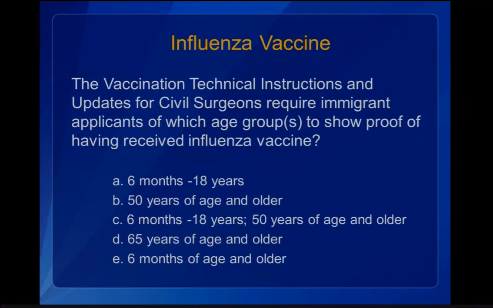As we try to remind people, it varies from year to year, but 30,000 to 40,000 people die each year in the U.S. of complications of influenza. With most types of flu, that's the very young and the very old, not with all types of flu, but that's why the immunization is so strongly recommended, and that's why it's required for people who are adjusting status.